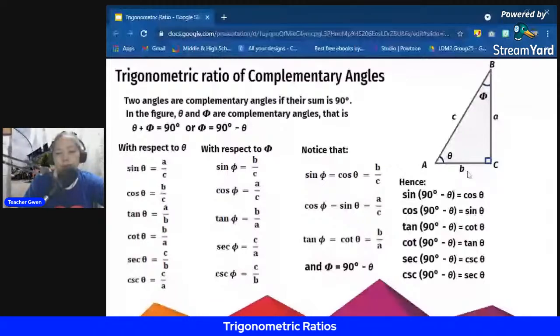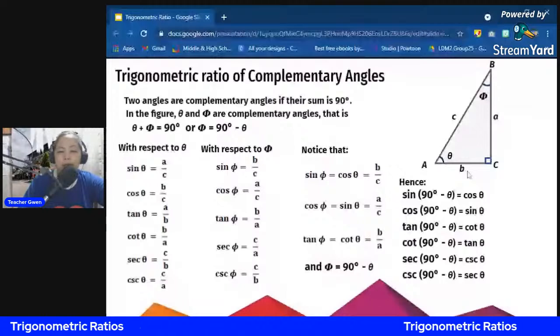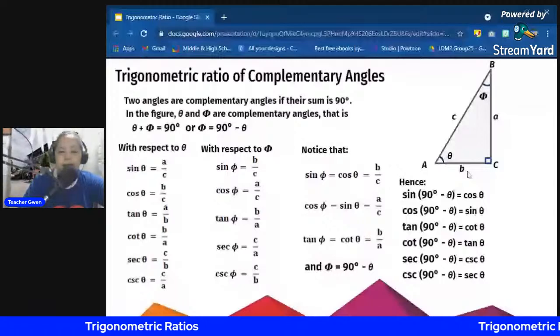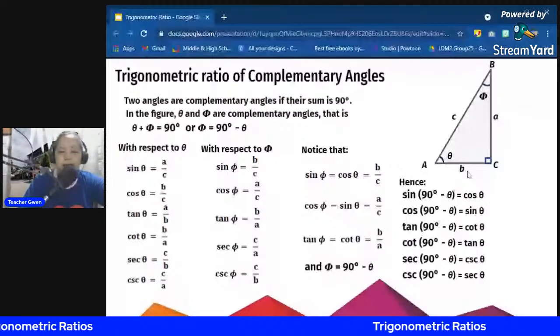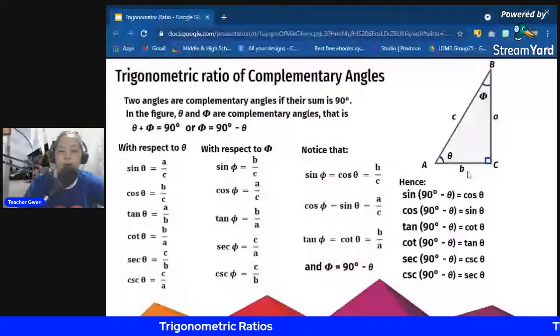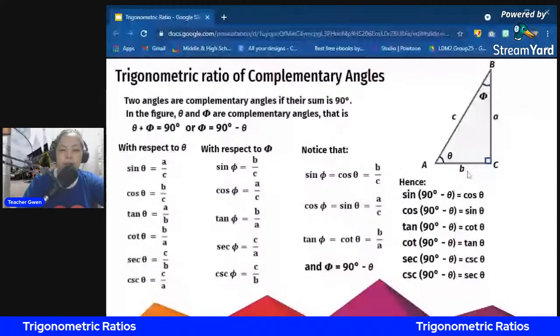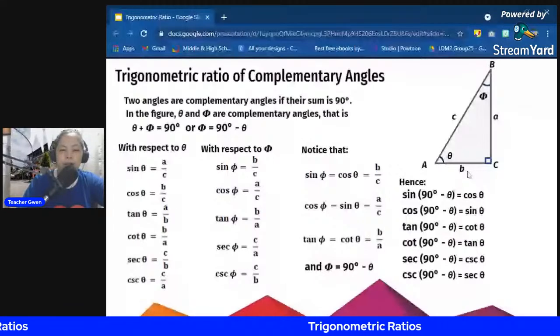Then we have cotangent theta, the inverse of tangent, which is adjacent over the opposite, b over a. Then secant theta, the inverse of cosine theta, is c over b, or hypotenuse over the adjacent. And last, cosecant theta, the inverse of sine theta, is c over a, or hypotenuse over the opposite.